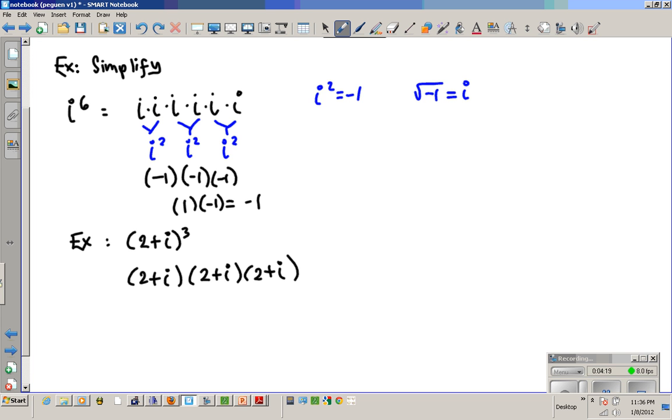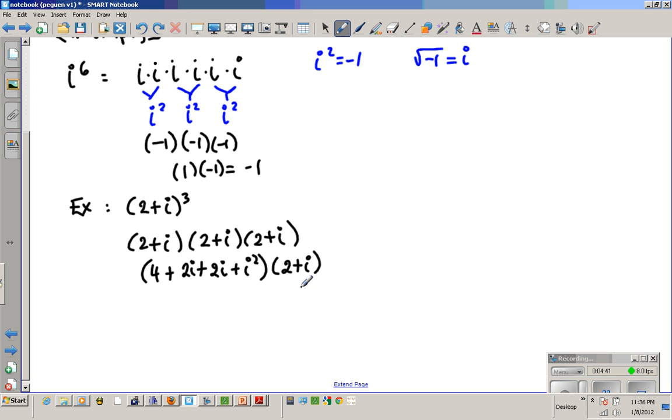And I have to fill out the whole thing, right? So the first two, if I multiply the first two, I get 4 plus 2i plus 2i plus i squared. And then the last one stays alone. And let's simplify this quantity first before I do the last substitution.